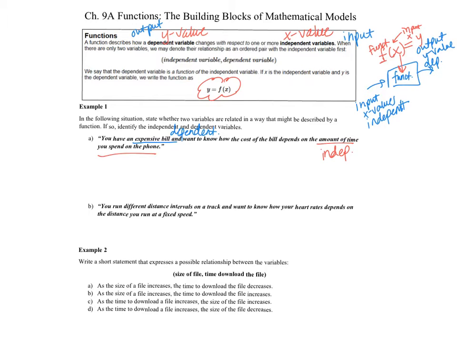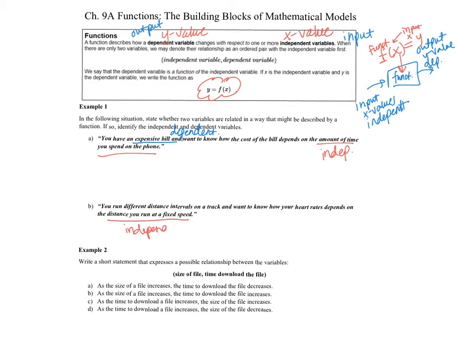Okay, let's look at our next example here. It says you run different distance intervals on a track and you want to know how your heart rate depends on the distance that you run at a fixed speed. So if I'm looking at this, what I'm putting into the function, my input, my independent variable, is going to be the distance that I run.